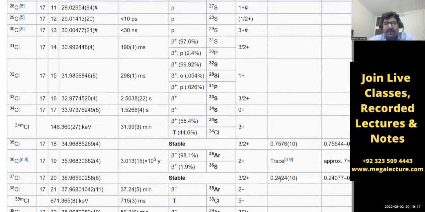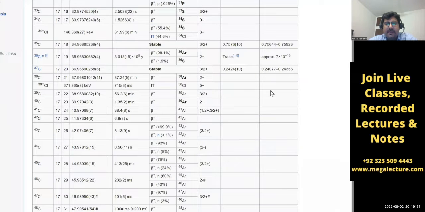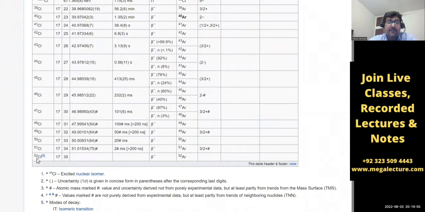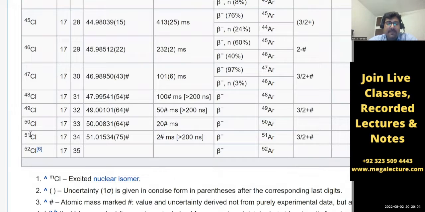Okay? So basically, the element chlorine is actually made up of two isotopes. The rest are almost non-existent. You even have chlorine 52 as well. Look at the half-life. It's in nanoseconds, meaning it will just disappear. It's going to decay very rapidly.